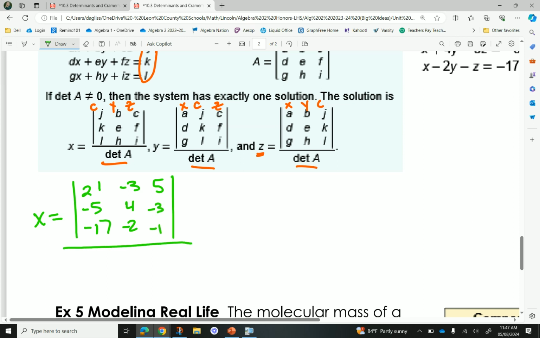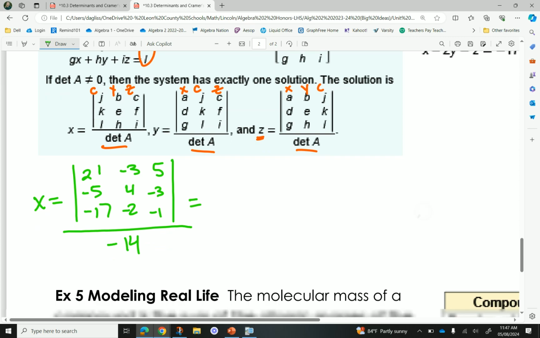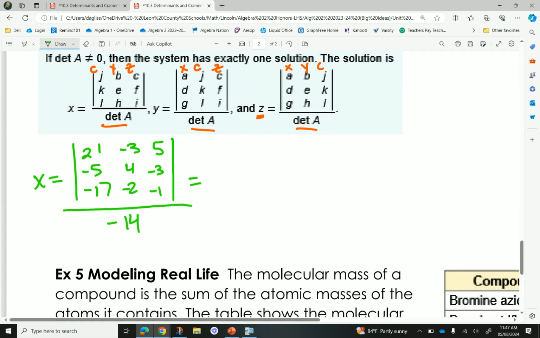And we're going to divide that by the -14 we just found. So you have a new determinant defined. Yes. The way they show in the next section is my favorite way. So there's multiple ways to do it. This is just one of them.